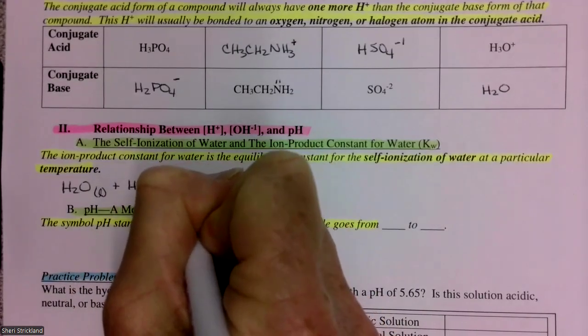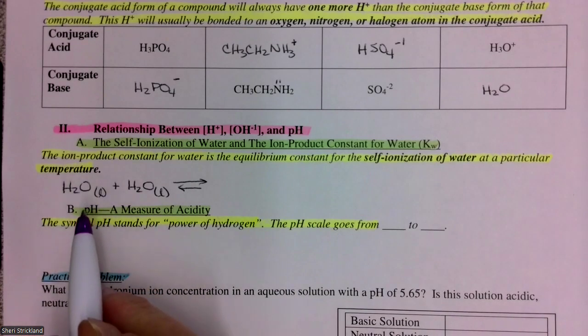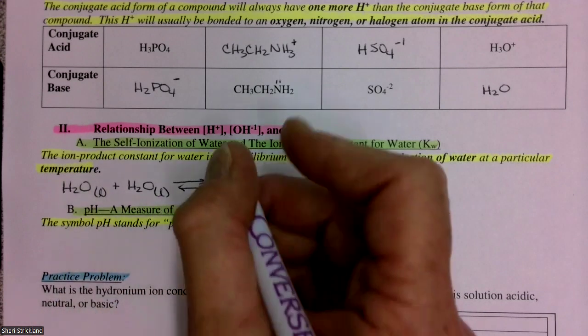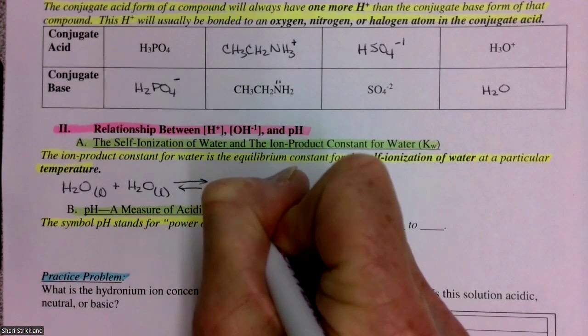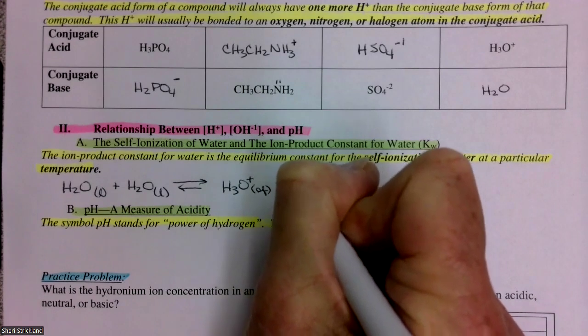In the self-ionization of water, one molecule acts as the acid and donates a hydrogen cation. The other molecule acts as a base and accepts it. So if this one is the base and this one is the acid, then I can write my products like this: hydronium ion plus hydroxide ion.